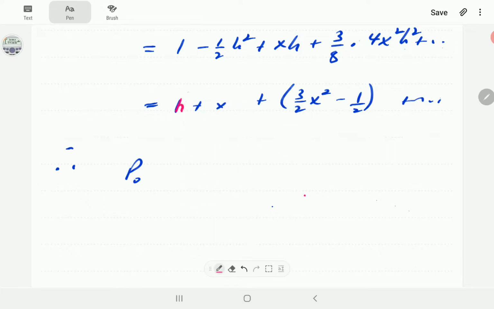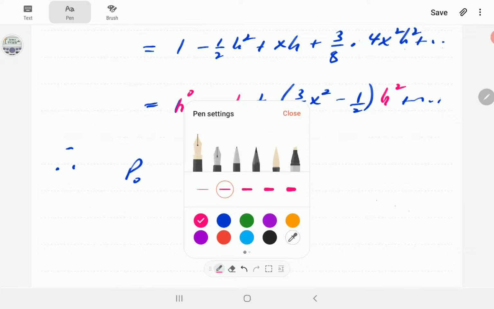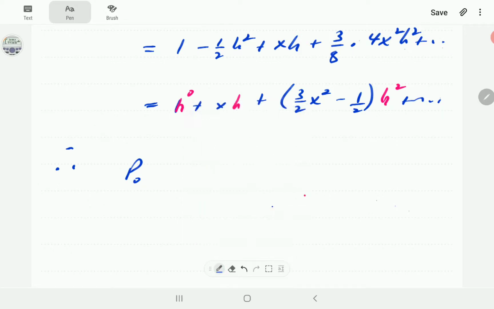So this is the same as h to the power 0, then h here, then h squared. So the coefficient of h to the power n gives us the polynomial of degree the same as the power of h.